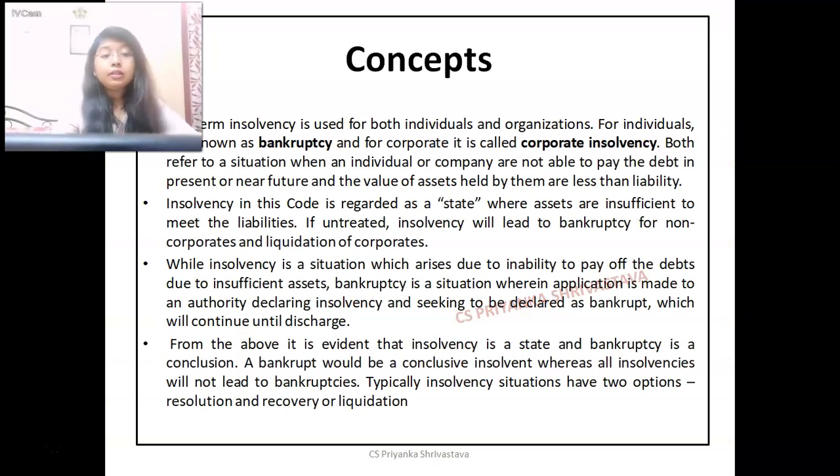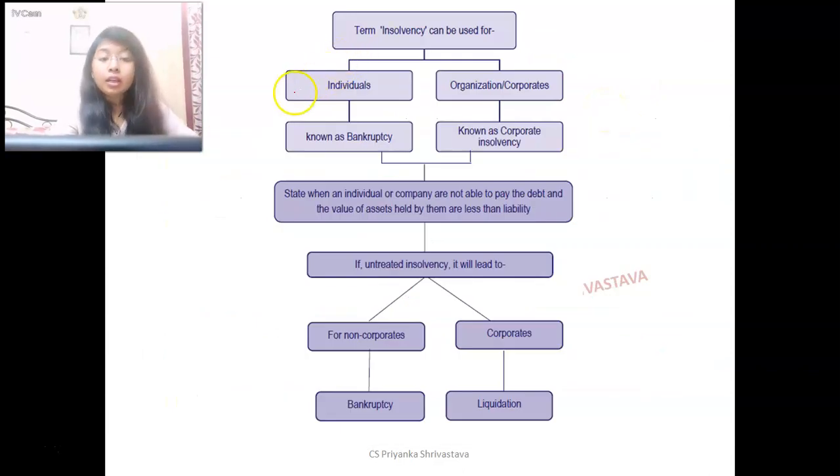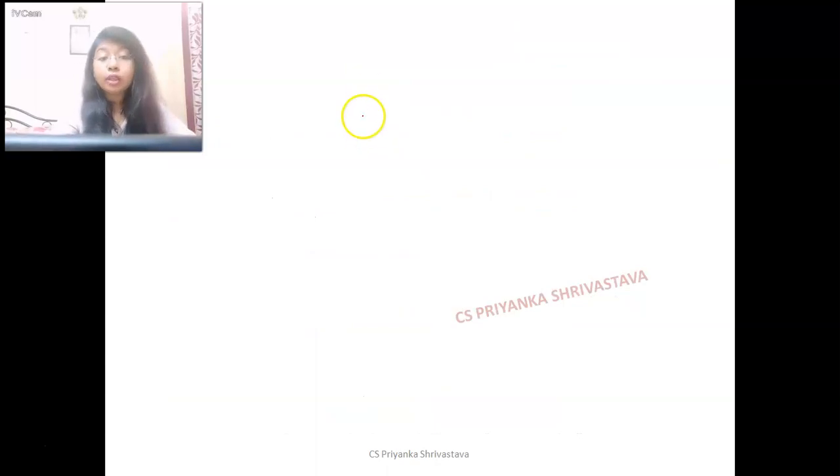First of all, let us understand the two concepts, that is insolvency and bankruptcy. Generally, the term insolvency can be used for an individual and an organization, or you can say a company. So when an individual becomes insolvent, first of all, what do you mean by the word insolvent?